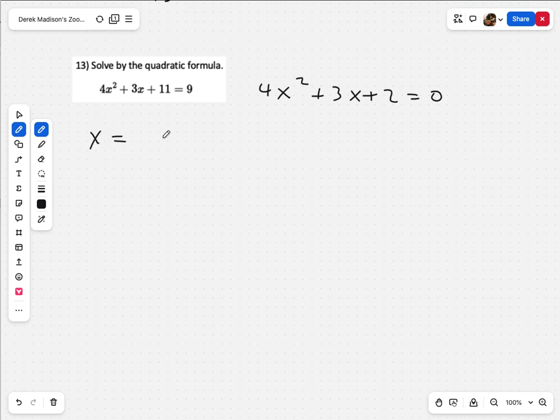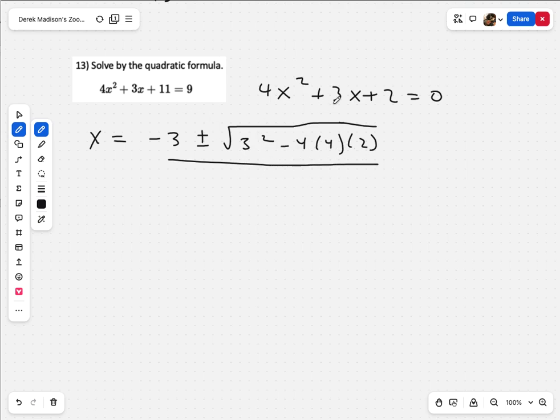Okay, so then we got x equals negative 3 plus or minus 3 squared minus 4 times a is 4, and now c is 2, all over 2a, so 2 times 4.